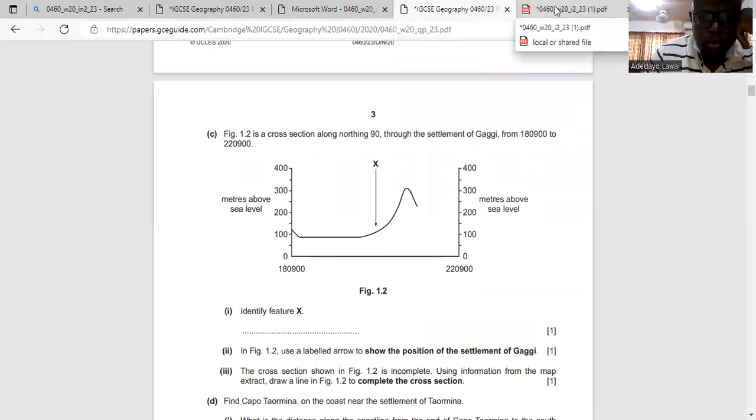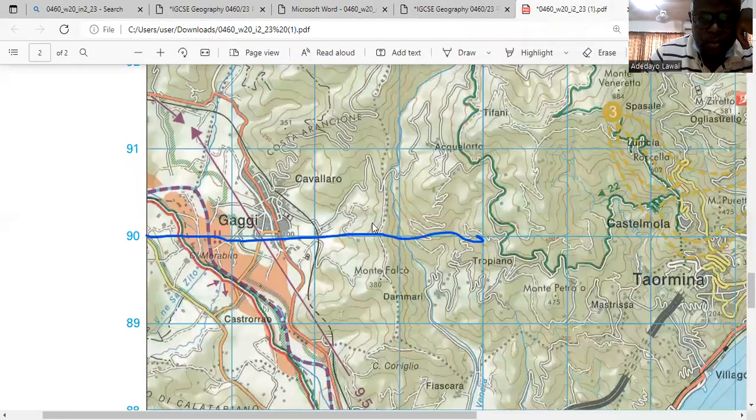So let's see how it is a railway. This line, like I said, is the 100 meters contour line here. So definitely it's around here, and this is more than half. Like this is half. So that place is somewhere around within here.